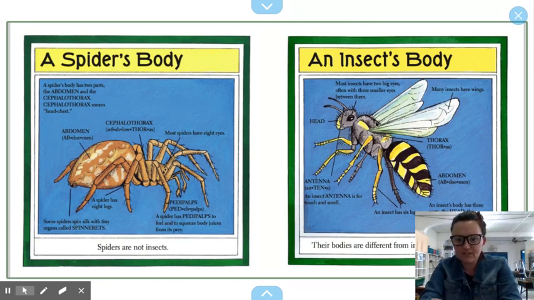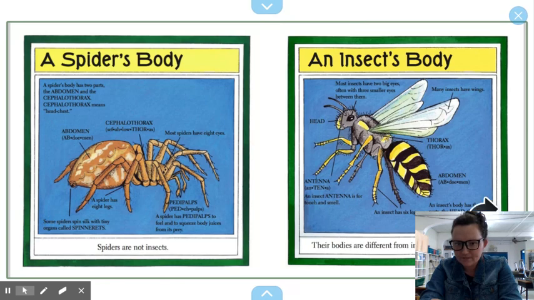However, an insect is different. Most insects have 2 big eyes, often with 3 smaller eyes between them. However, most spiders have 8 eyes. A spider has pedipalps to feel and to squeeze body juices from its prey. Ugh. All right, so we have an antenna. An insect antenna is for touch and smell.